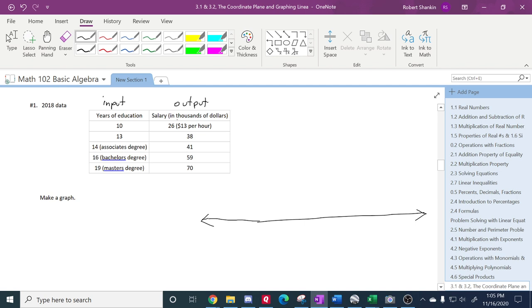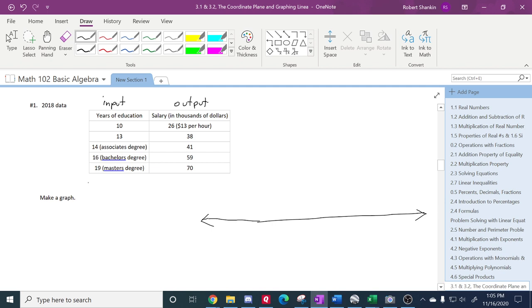If we had this table the other way around, salary first, years of education in the second column, we could still use it, but we tend to have an easier time when the thing that determines what the other one is, the input variable, is on the left.